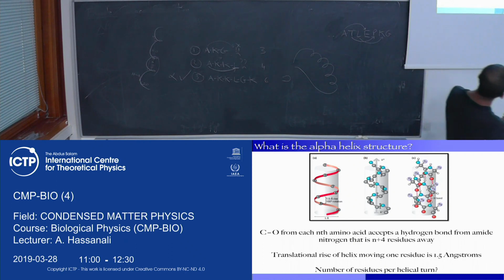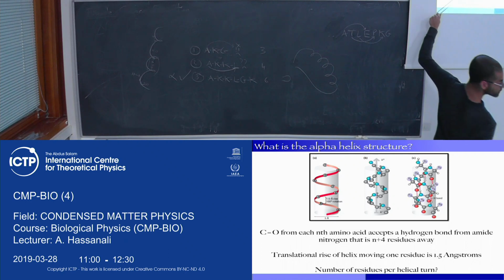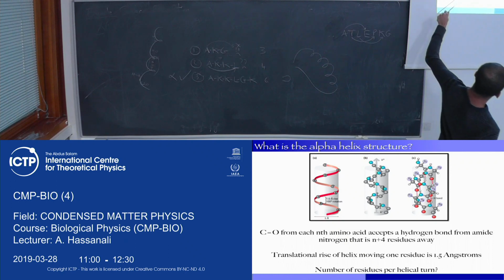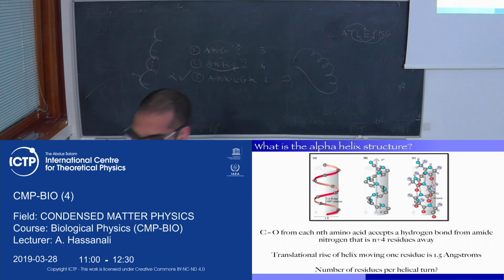You can estimate the length of this hydrogen bond, between this oxygen and this nitrogen, which is probably under 3 angstroms or so.